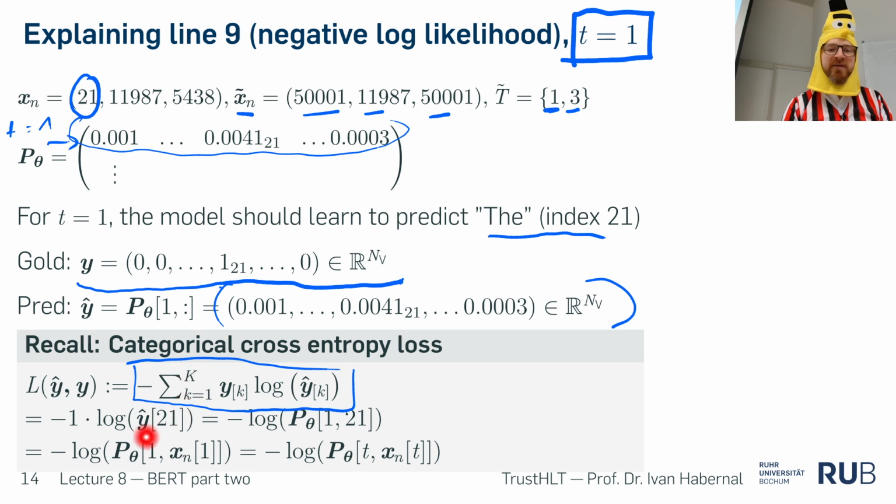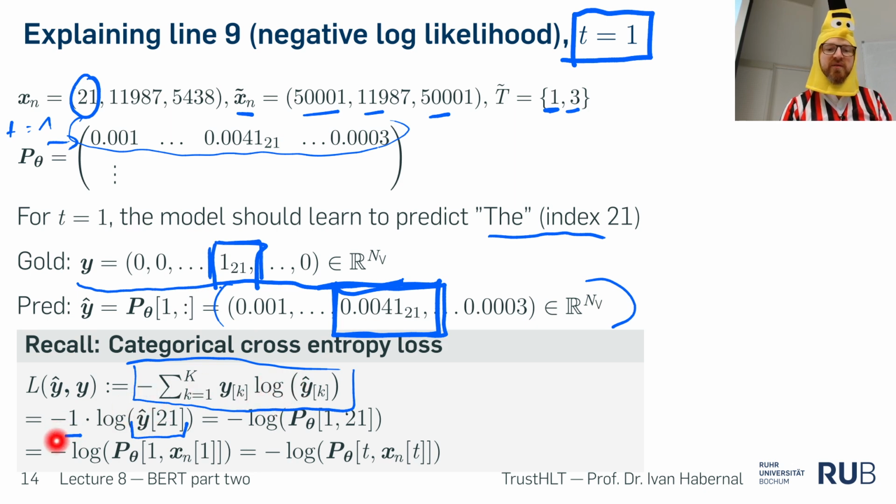We just pick this and this, because the rest will be 0 anyway. This is where we pick the prediction of the network at position 21, right here. This is the interesting number. We multiply it by 1, of course, and we take the logarithm.